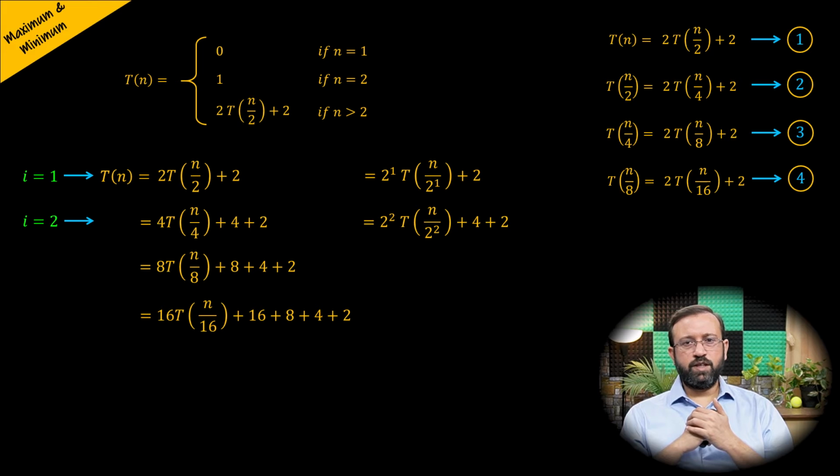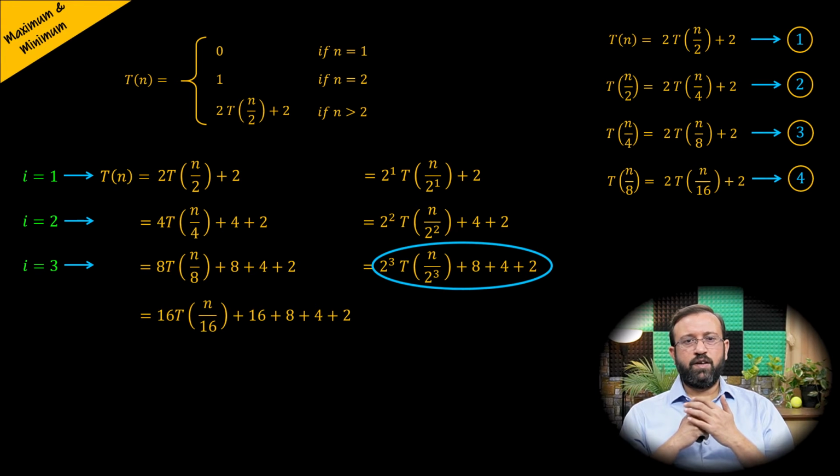Then for the third substitution, that is i is 3, we have 8t of n by 8 plus 8 plus 4 plus 2, which can be written as 2 power 3 t of n by 2 power 3 plus 8 plus 4 plus 2.